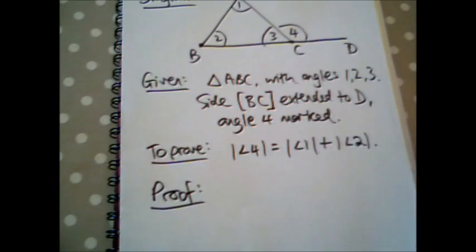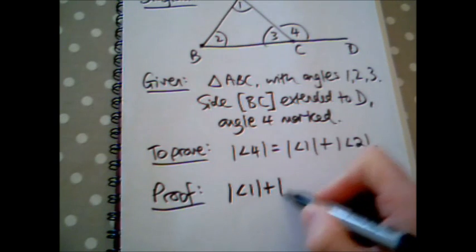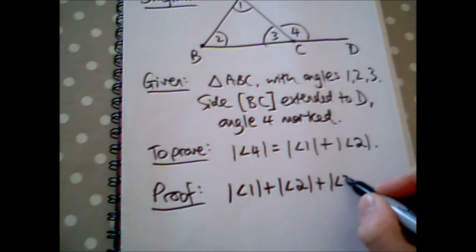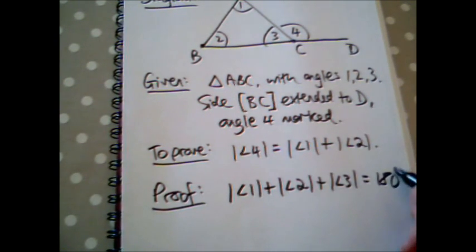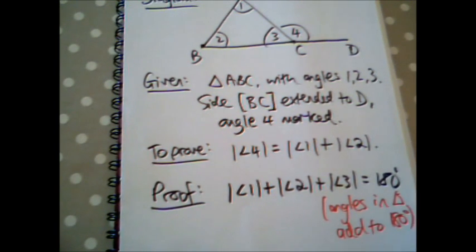Alright, so let's write that down. The first line of the proof is 1 plus 2 plus 3 equals 180 degrees. And again, you always have to give a reason. So this is the angles in a triangle add to 180 degrees.